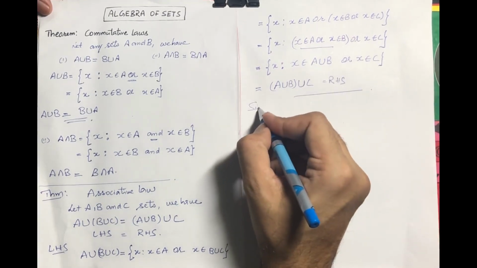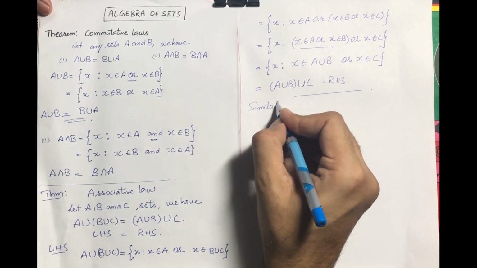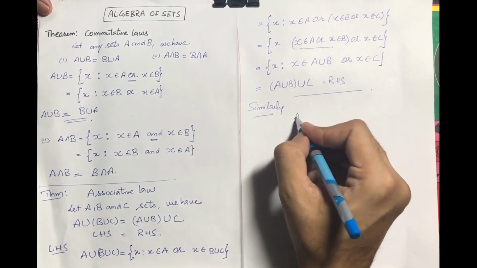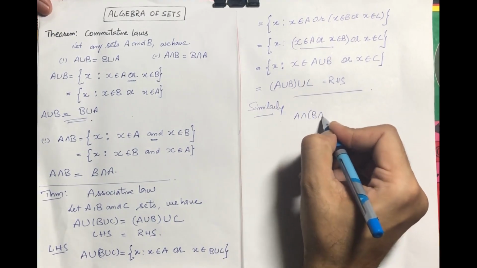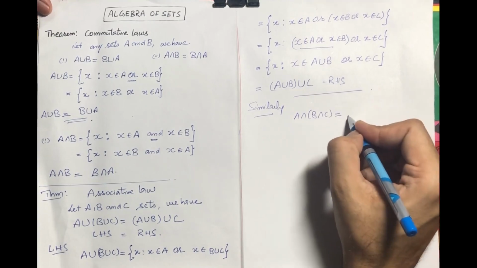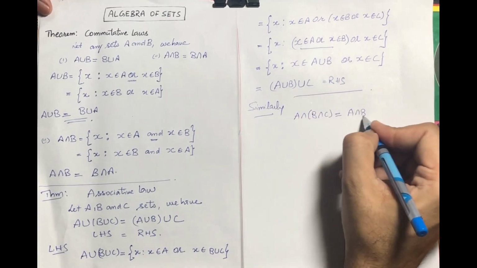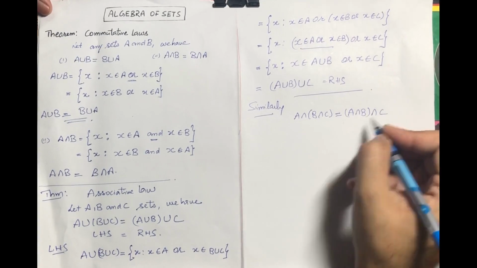Similarly we have A intersection (B intersection C) is equal to (A intersection B) intersection C.